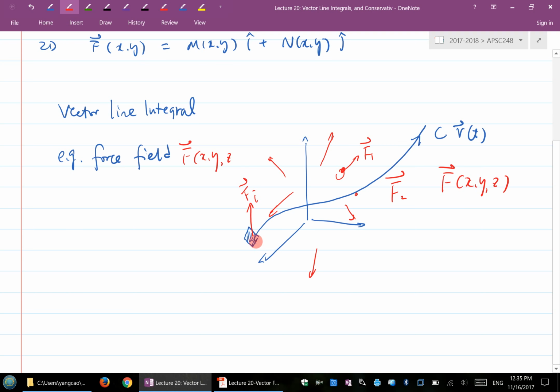If the mass is constrained to this trajectory, it will start to move, pushed by the force field from one end up to the other end. That makes sense?